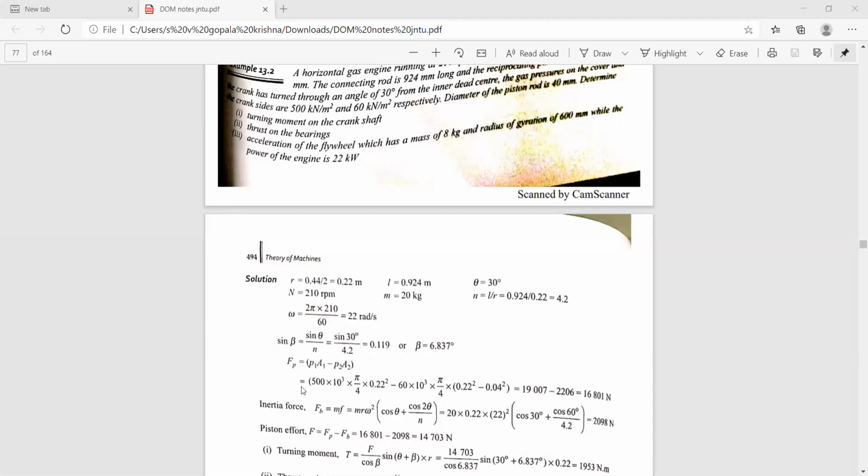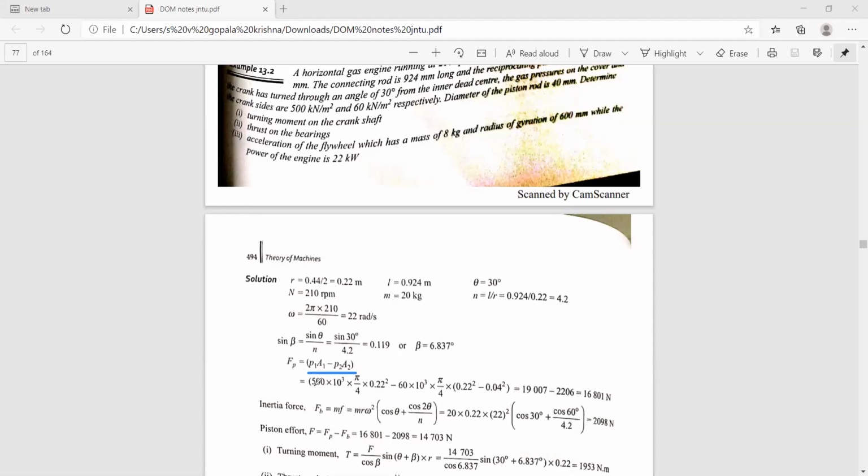Next we will find the forces due to the gas pressure. Fp equals P1A1 minus P2A2. Let us substitute the values.